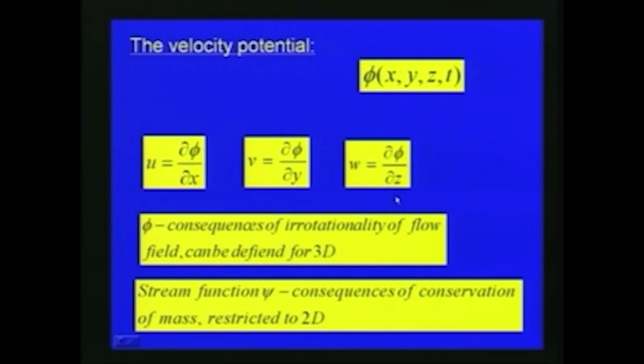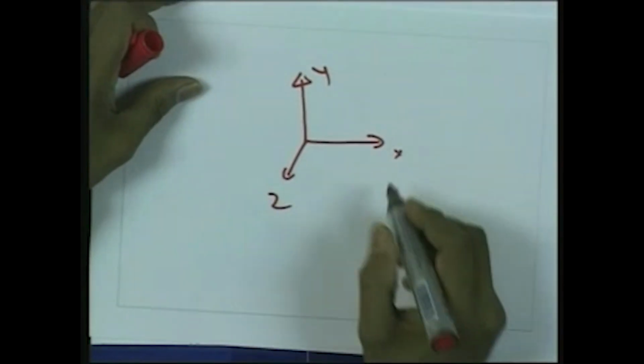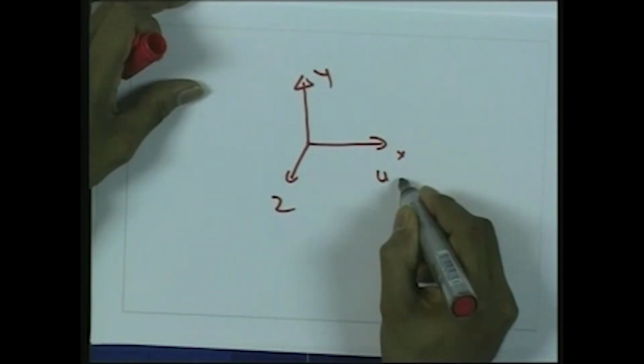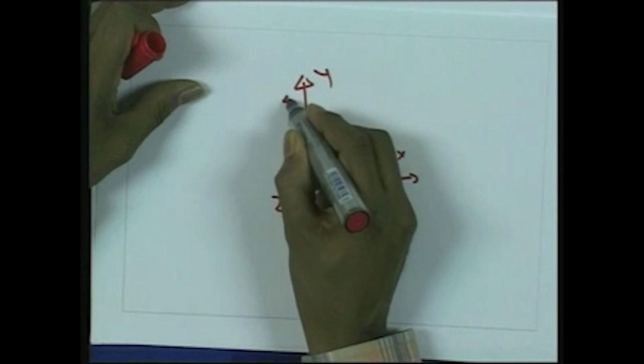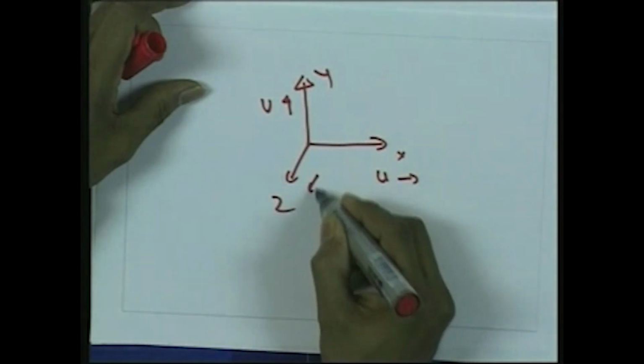So the velocity potential is defined such that the velocity in the x, y, z directions, if you consider the fluid flow with x, y and z as the Cartesian coordinate system, is u in the x direction, v in the y direction, and w in the z direction.